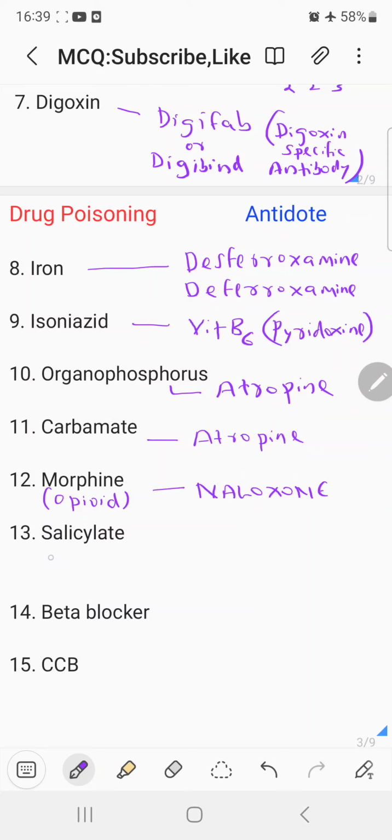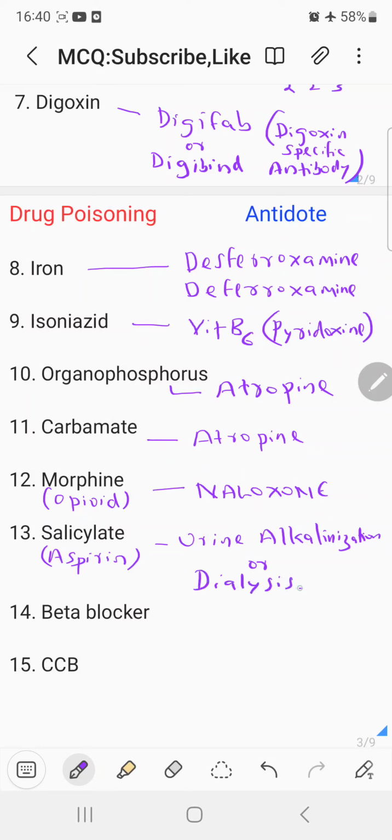Now, coming to salicylates like aspirin, although there is no specific antidote, normally urine alkalinization will be mainly done. Urine alkalinization will be done, or in the case of very severe aspirin poisoning, dialysis will be done. So for salicylate poisoning, urine alkalinization or dialysis is the method used.